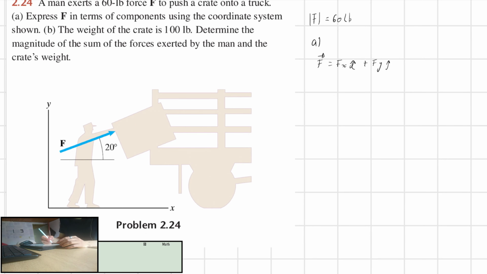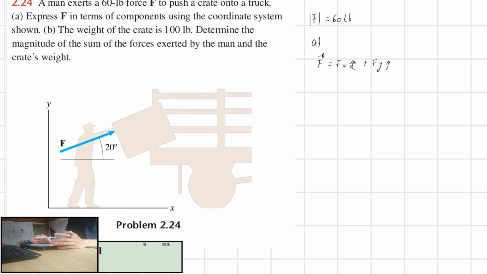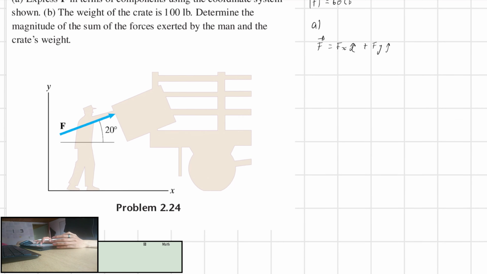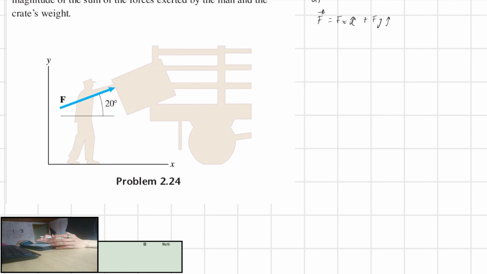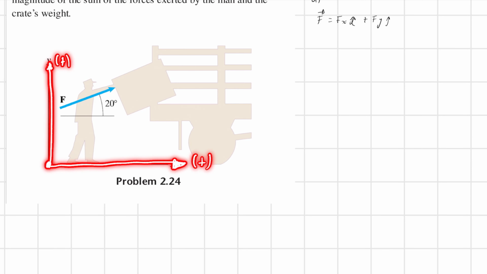Right here we have our coordinate system. The first thing we have to take into account is in which cases we have a positive or a negative component. Right here I have my point 0. Towards this direction I have positive for Y, and towards this direction I have positive for X, which means that towards this direction I have negative, and towards this direction I have negative as well.